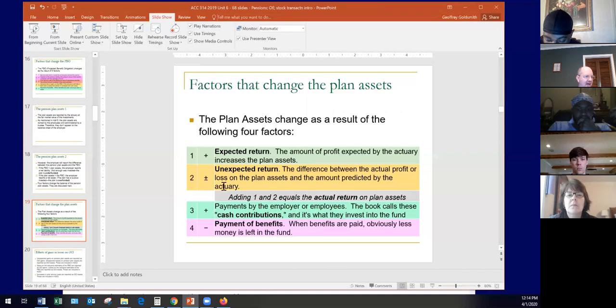So the actual return is divided into 2 categories: the expected long-term rate of return, and then they subtract that from the actual return to get what they call the unexpected return. And then if this year was higher than normal, the unexpected return increases the plan assets. If it's lower than normal, it decreases it. So they add these 2 together to get the actual return. In some years, the actual return could be a complete loss.